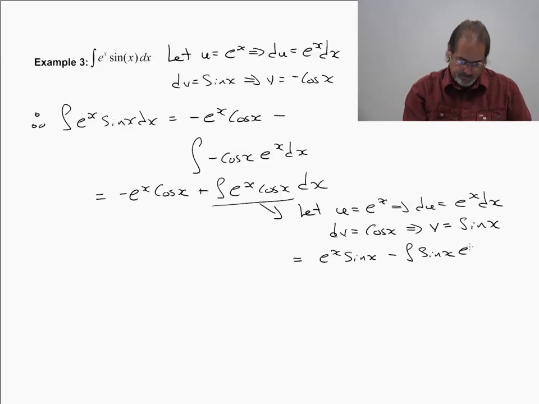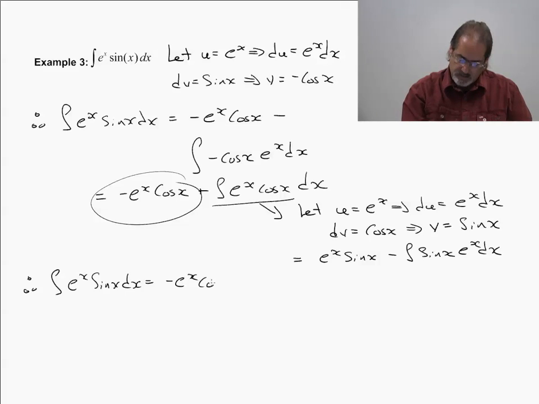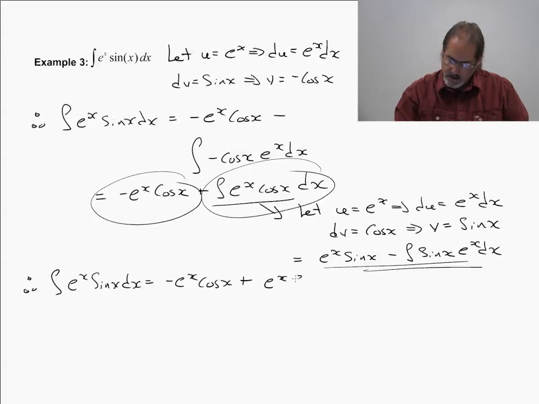What this is telling me is that the integral of e to the x sine x dx is equal to, I have this first piece right here, a negative e to the x cosine of x plus this integral, which is actually right here, that's e to the x sine x minus the integral of e to the x sine x dx.